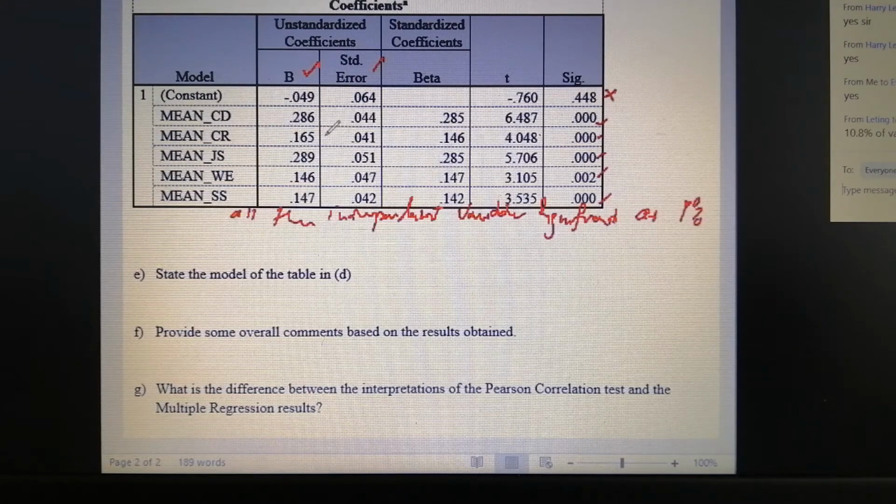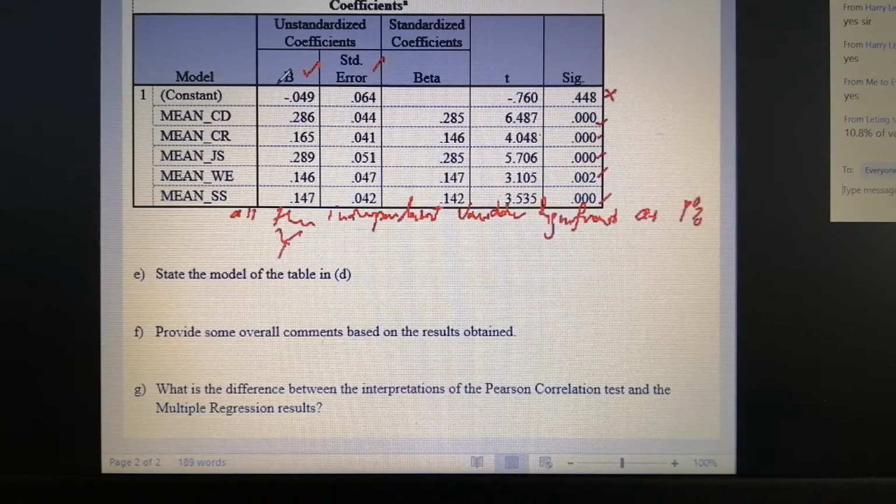So first you can see by looking at your coefficient values. Say this is your dependent variable.